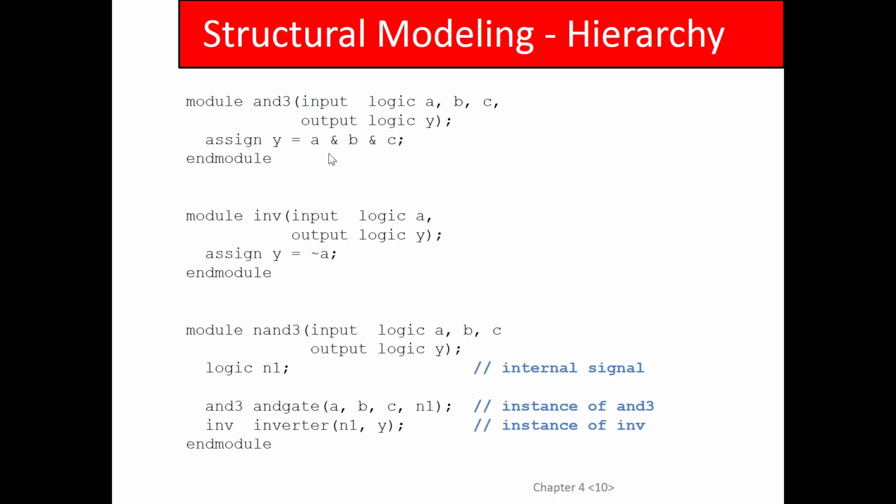So and3, and then you give it a name, or I could call it anything I want. I'll just call it foo or something. I use that name because I want to emphasize that aside from simulation, you generally don't ever need to worry about what you name the instantiated modules. You guys with me?